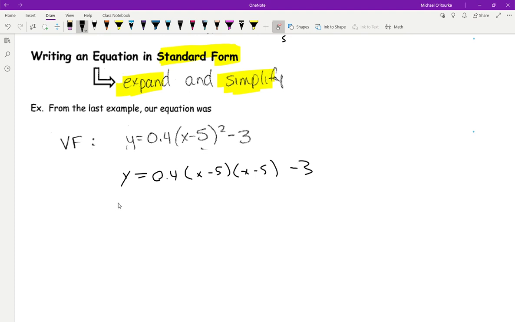Then leave it out here, and this is where we do our FOIL. So that'll be x squared minus 5x minus 5x plus 25.